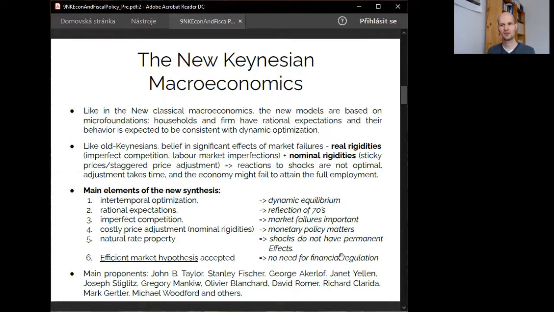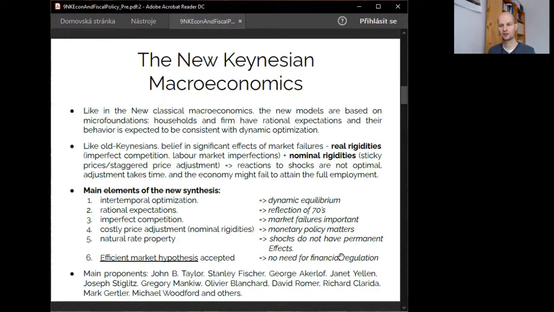The main proponents of the new Keynesian macroeconomics are stars of today's economics. Some of them are maybe more on the right wing, some of them perhaps more on the left wing of the political spectrum, but still they share a very similar view on what the right macroeconomic models are.